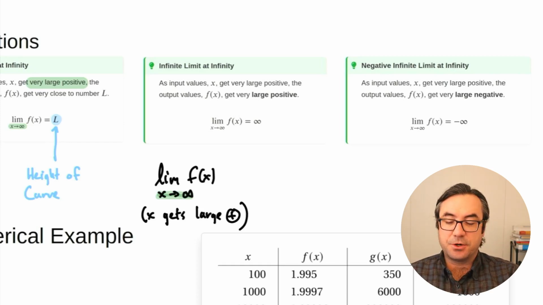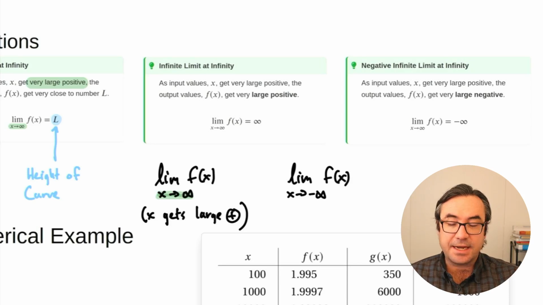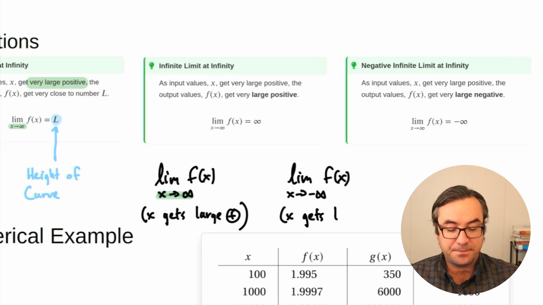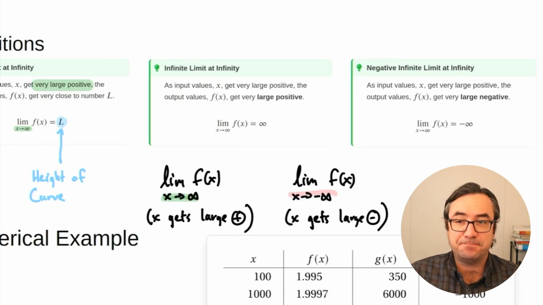And there's similar definitions here if we let x get large negative. And the only difference is we're going to write the limit of our function as x approaches minus infinity. So this is when x gets large negative. And we say x is approaching minus infinity.